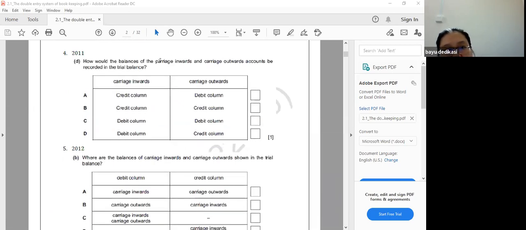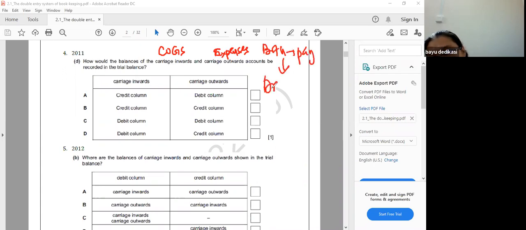How would the balance of a carriage inwards and carriage outwards account be recorded in the trial balance? Carriage inwards is recorded in the cost of goods sold. Carriage outwards is under expenses. Both you have to pay, so they will be under the debit side.